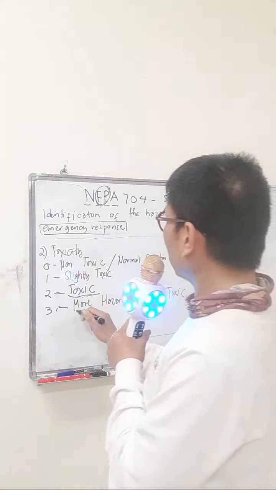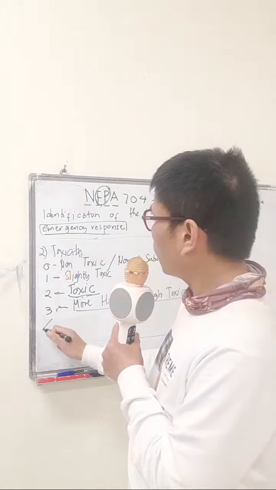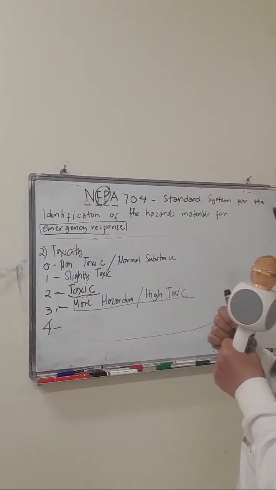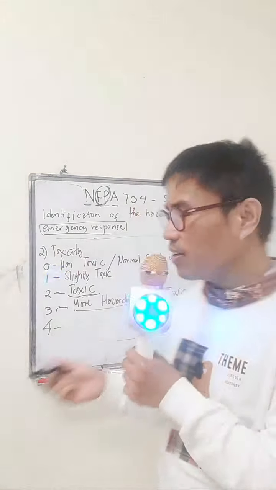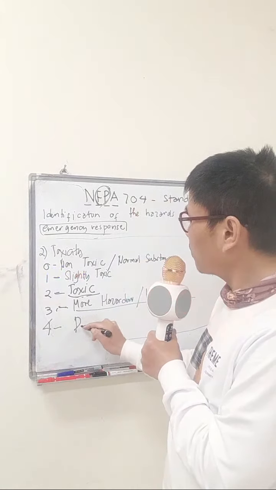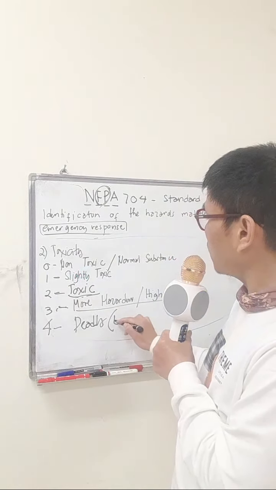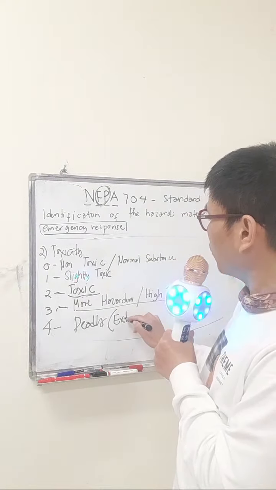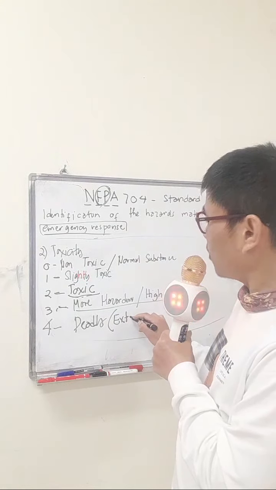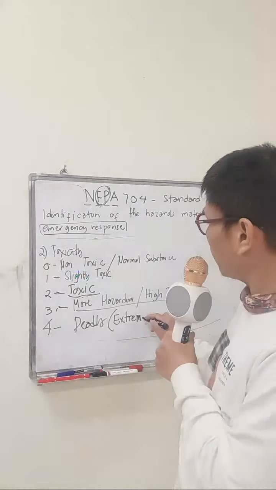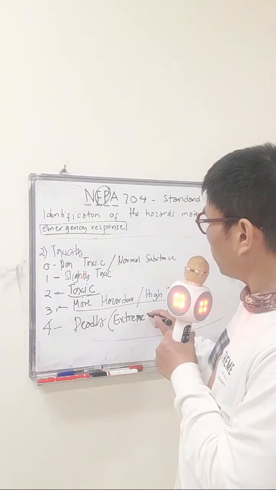Basically, more hazardous or highly toxic. Number 4, let's say, deadly. Deadly means extremely toxic. Once it is extremely toxic, if you absorb that or ingest that inside your system, people normally die.